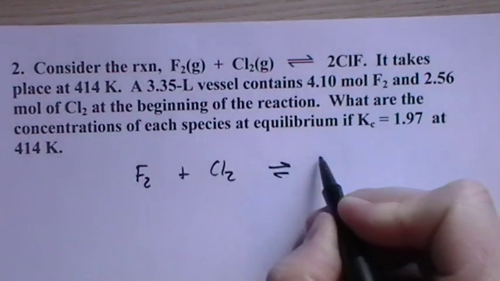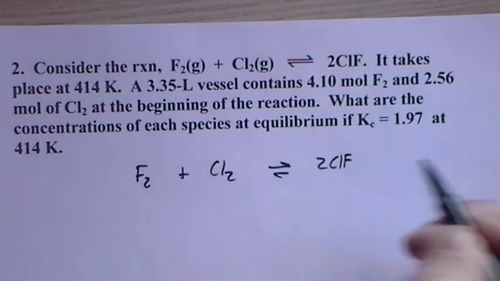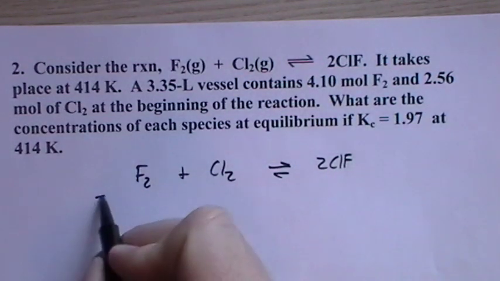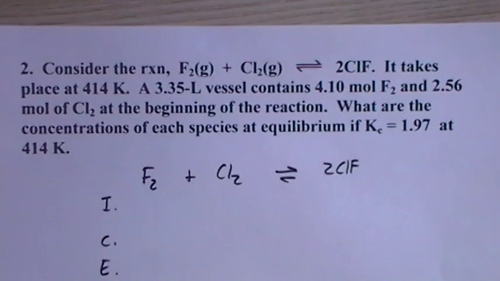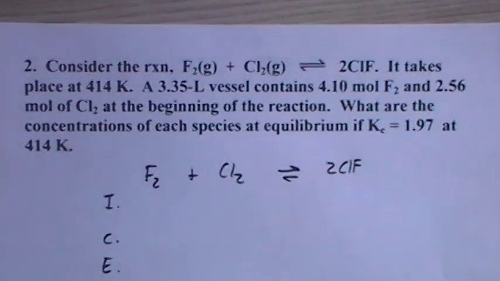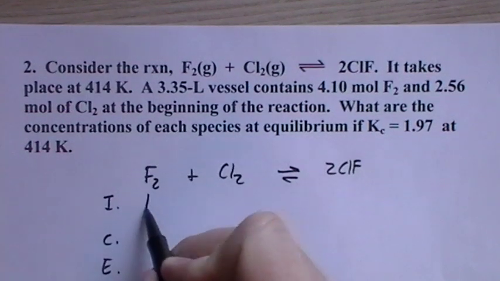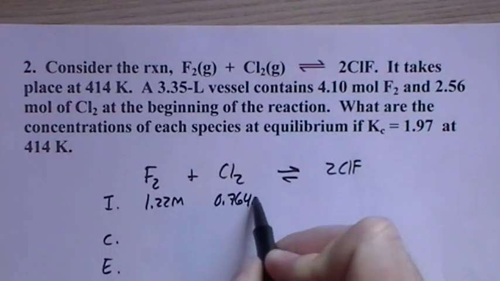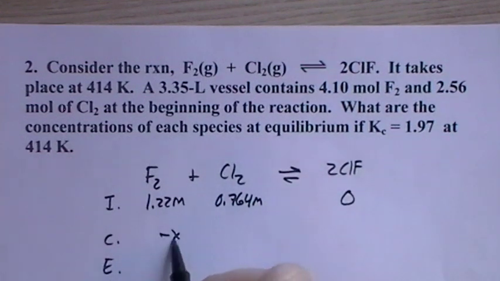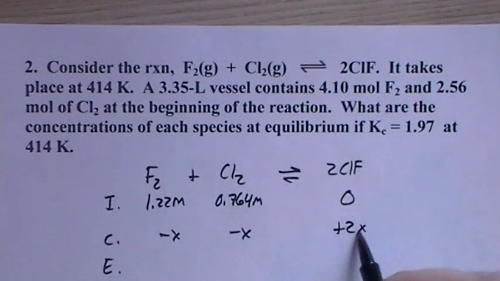So here's our equation. We put in the concentrations. We have 4.1 moles of fluorine divided by 3.35 liters. That's going to give us 1.22 molar. Chlorine, we will find, is this. Minus x plus 2x.